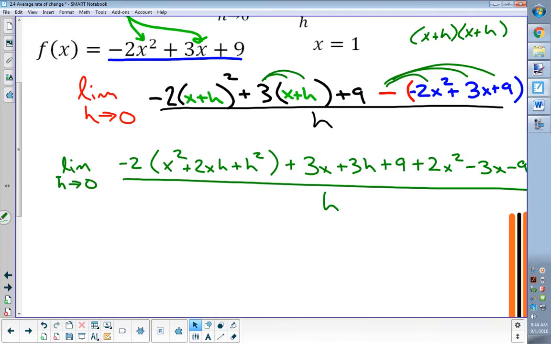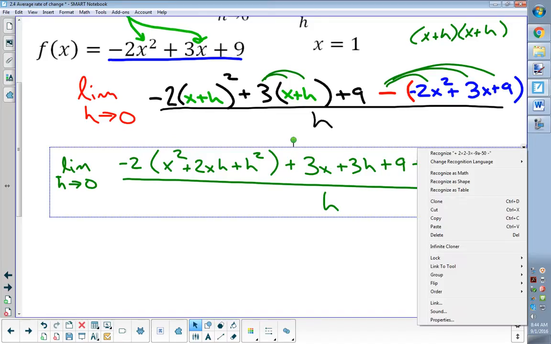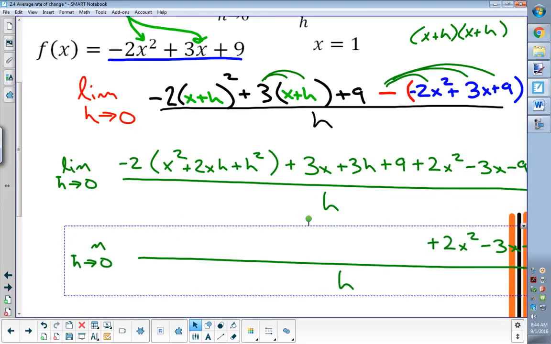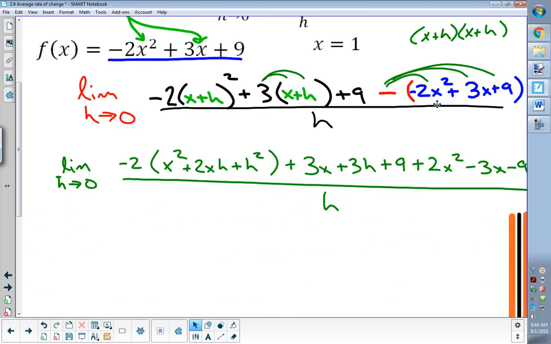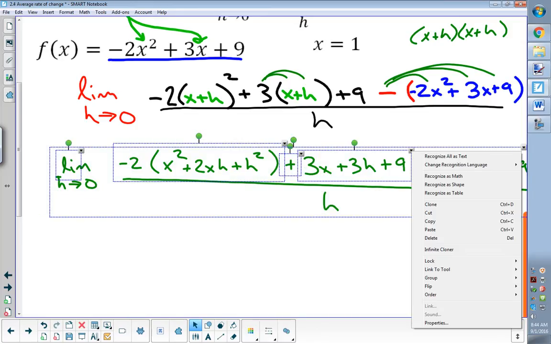It's just annoying more than anything. Now I'm taking this exact same thing and all I'm going to do here is distribute out. Oh, boo. Let me try that again. I really don't want to write it again. Taking this whole thing, group it.